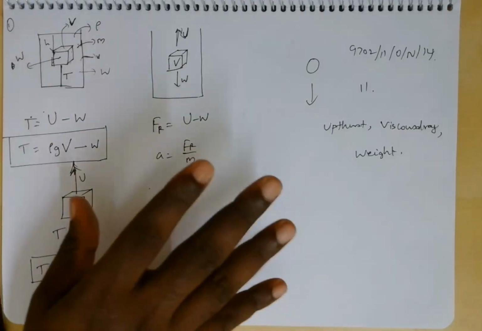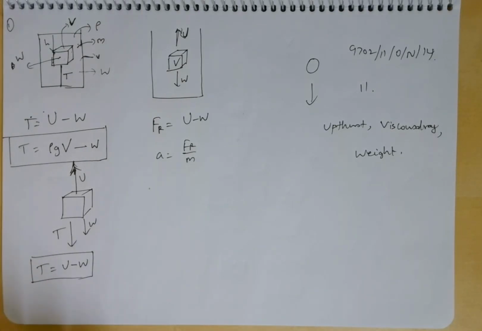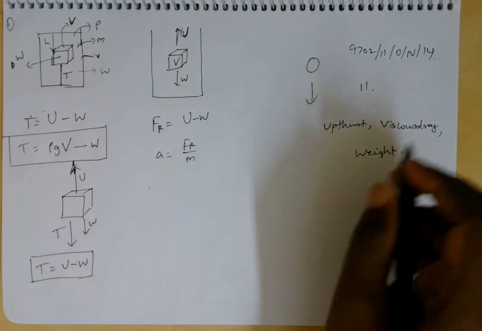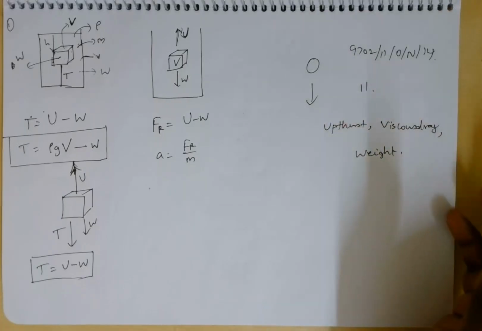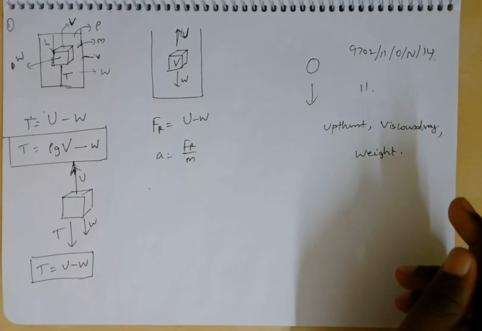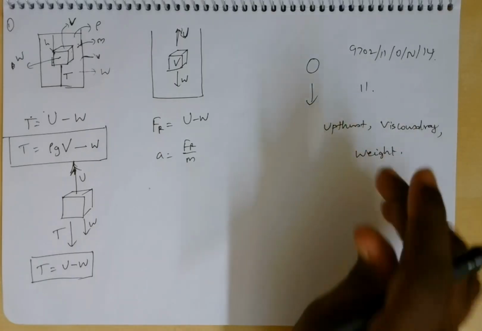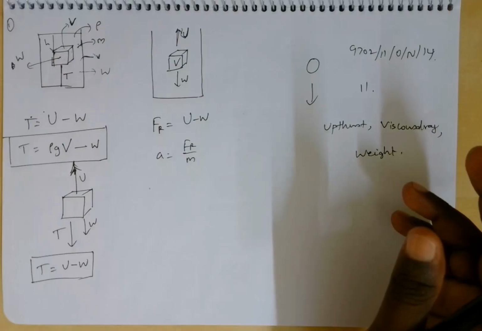So what is the order of magnitude of these forces? Viscous will be the lowest and weight will be the highest. From lower to higher, please arrange.